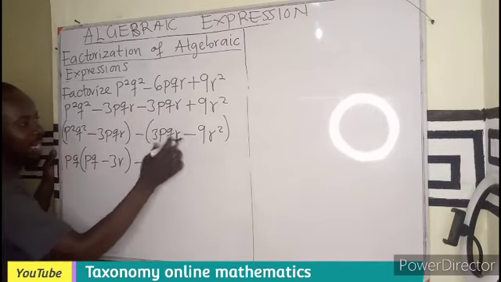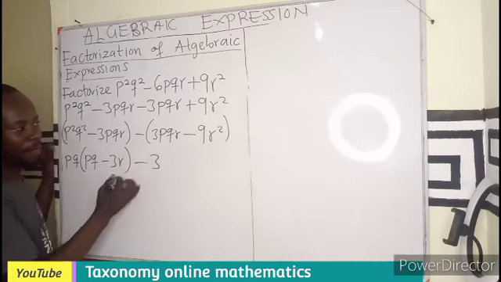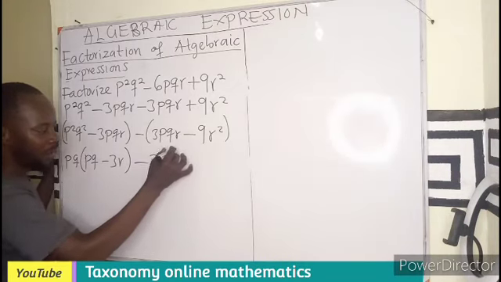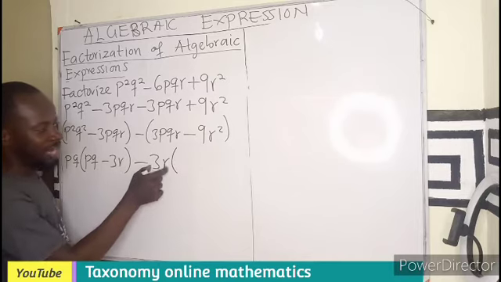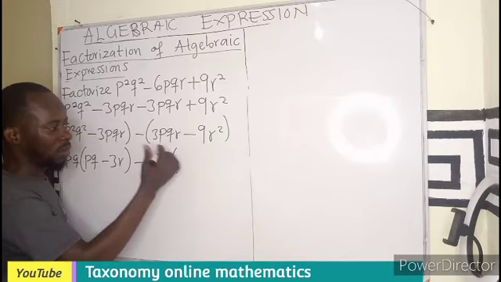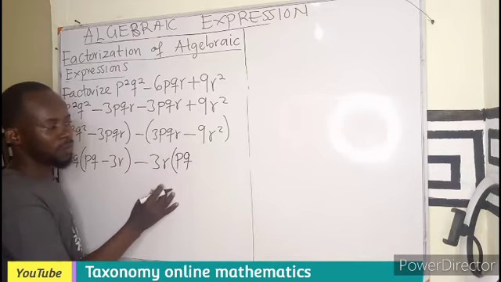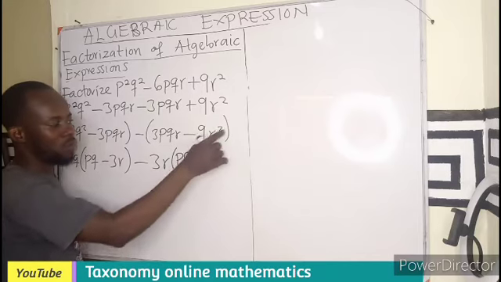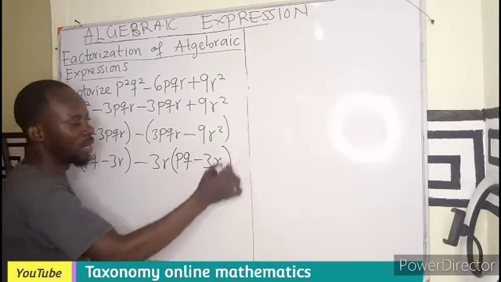Common factor, 3 and 9 is 3. PQ, no PQ, so only R. So R outside, when this divides this, 3 will be cancelling this, then R will cancel. So I have PQ, 3 dividing this gives you only 3. R squared divided by R gives you only what?